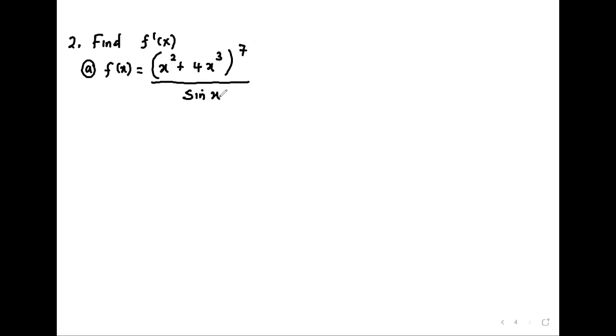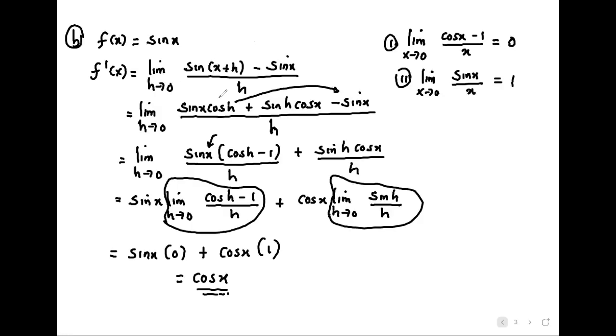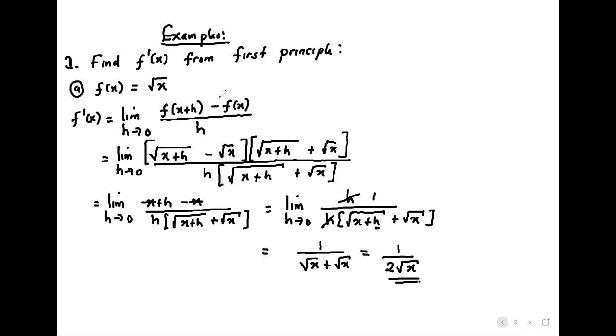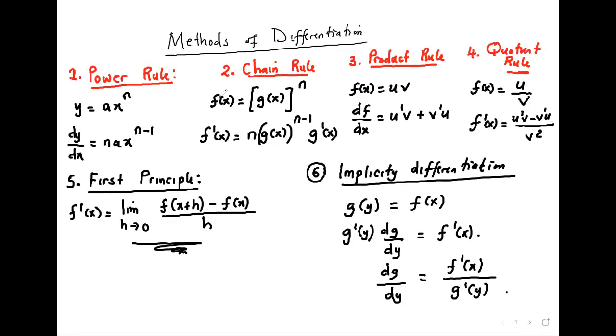So what method do we use here? It's a fraction. So the main method here will be the quotient rule because it's a fraction. But again, you see, there will be chain rule because there's some function inside the power. Then there will be some power rule because of those things that are inside there.